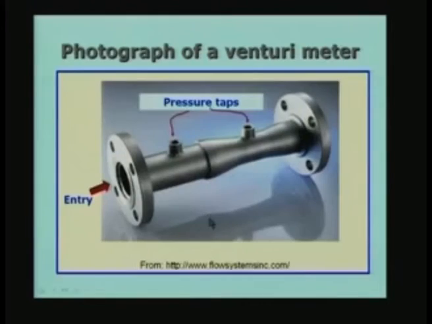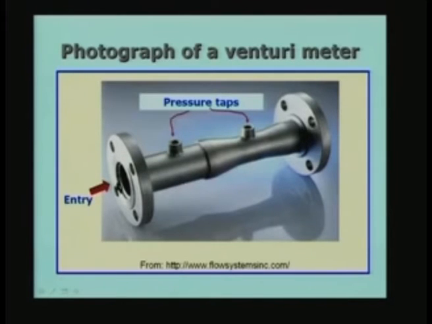In fact, I have a small photograph of a venturi meter which is commercially made, taken from the website of Flow Systems Incorporated. They are the manufacturers of these venturis, and you can see the venturi meter is made exceedingly well.